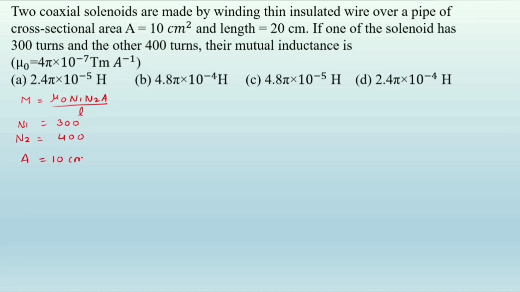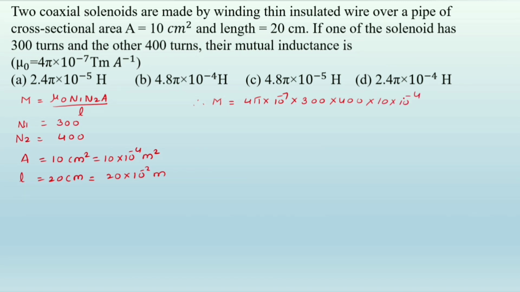Area is 10 centimeter square, or we can write 10 into 10 raised to minus 4 meter square. And length is 20 centimeter, or we can write 20 into 10 raised to minus 2 meter. Substitute all the values. M equal to mu naught is 4 pi into 10 raised to minus 7, N1 is 300, N2 is 400, into area is 10 into 10 raised to minus 4, divided by length, that is 20 into 10 raised to minus 2.